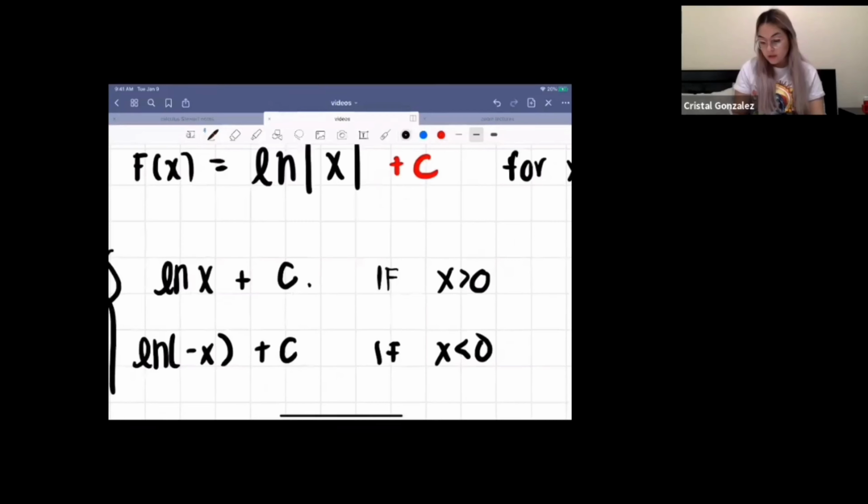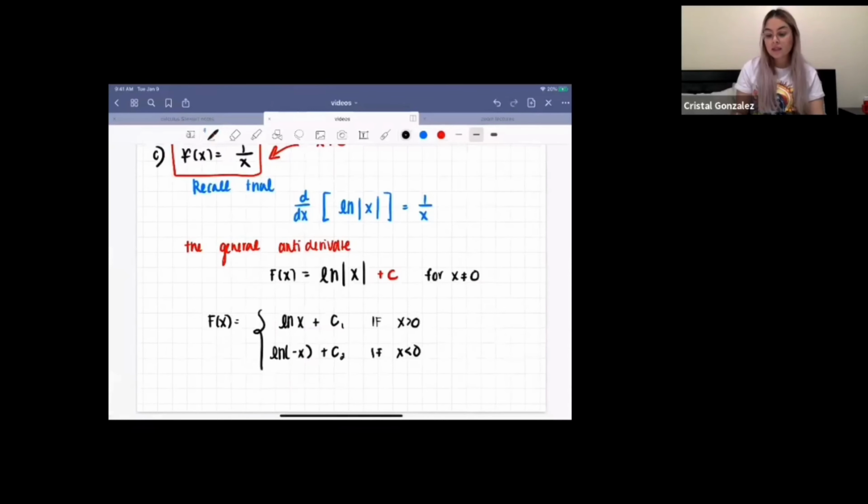I'm going to include subscripts here as C1 and C2, or you could even do C0 and C1, but I'm going to keep it as C1 and C2. The reason that we're doing that is because this really is just one constant. And here we want to specify that they could be the same constant, but they could also be different. So just keep that in mind, and we need to write that for that function.